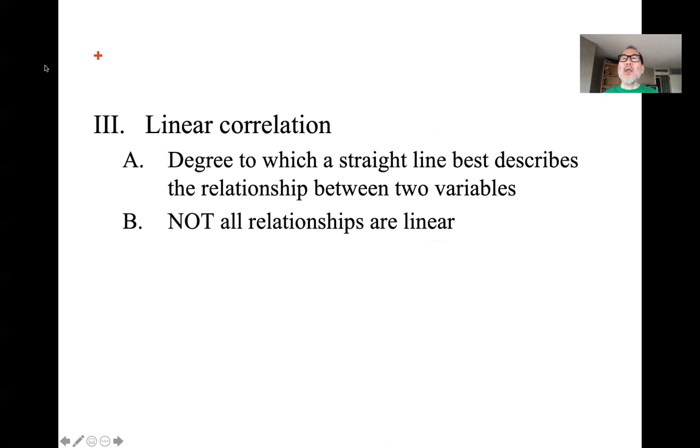Now, if things are correlated, the relationship is linear in nature. In other words, the way X on the horizontal relates to the Y. The relationship is described as linear, meaning that if you were to plot one point for someone's score on X and their score on Y, you'd see exactly where their score is.